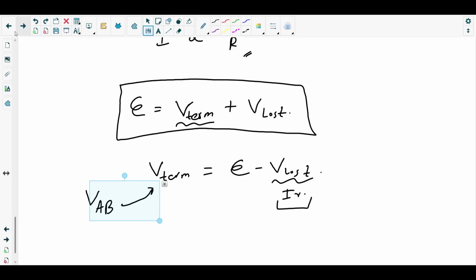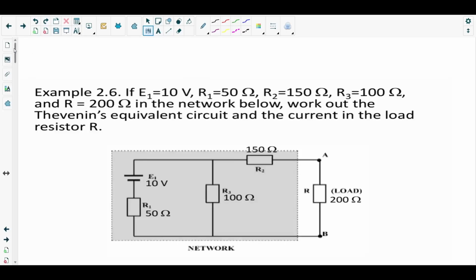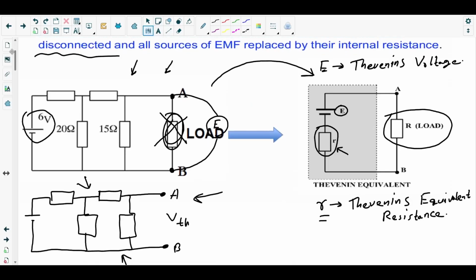Okay, so that's why it's giving the terminal PD. That means the Thevenin's voltage will be used up by both the resistors and the load resistor except the internal resistor of the original circuit. Okay, this is the Thevenin's theorem. Done.